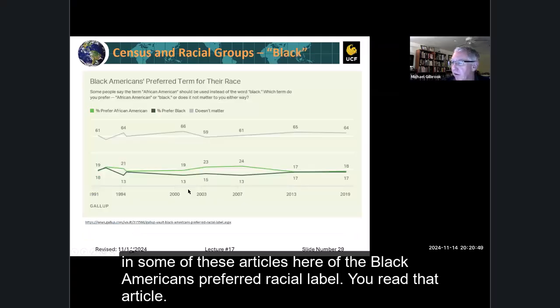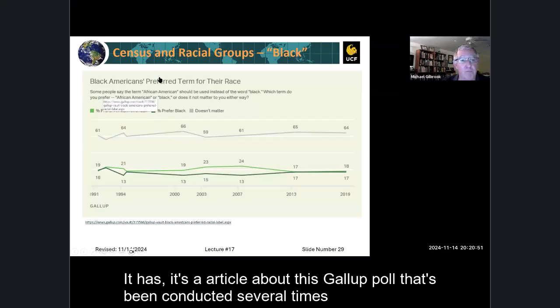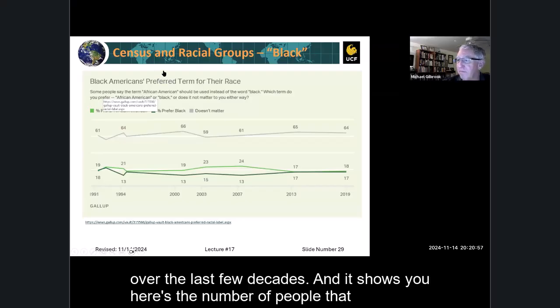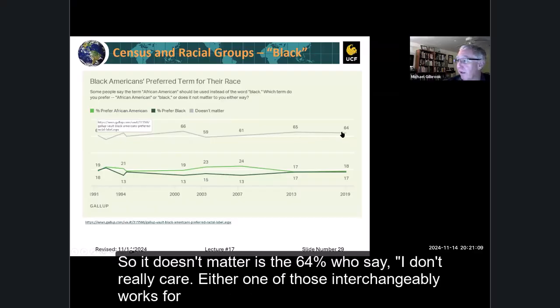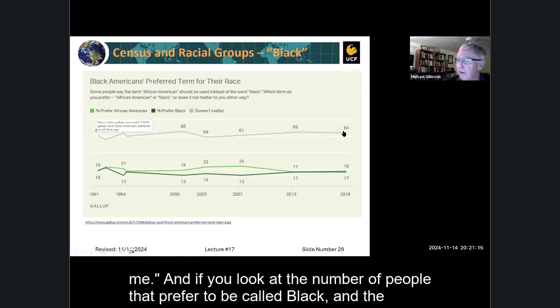If you read that article, it's about this Gallup poll that's been conducted several times over the last few decades. And it shows you the number of people that prefer to be called African American or Black, and the people for whom it doesn't matter. So it doesn't matter is the 64% who say, I don't really care, either one of those interchangeably works for me.